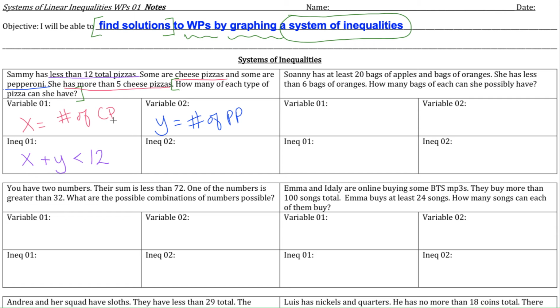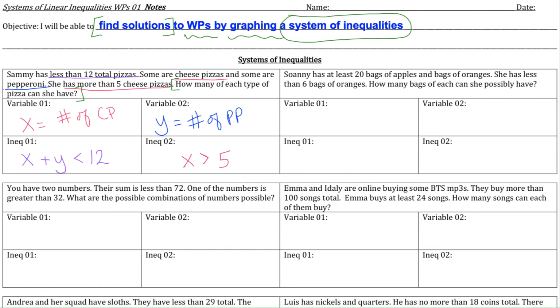So let's switch to red. The number of cheese pizzas is X. She has more than 5 cheese, so that means she can have 6 or 7. So the number of cheese she has is more than 5.